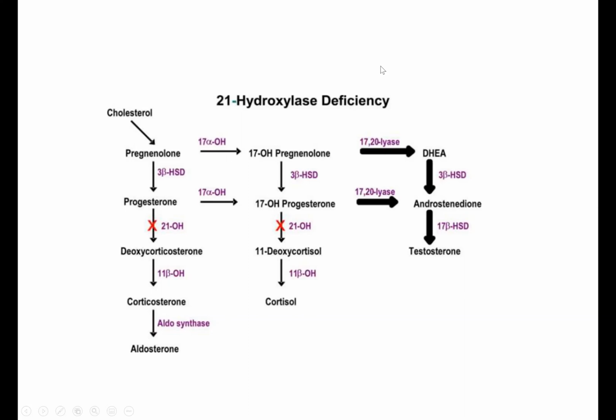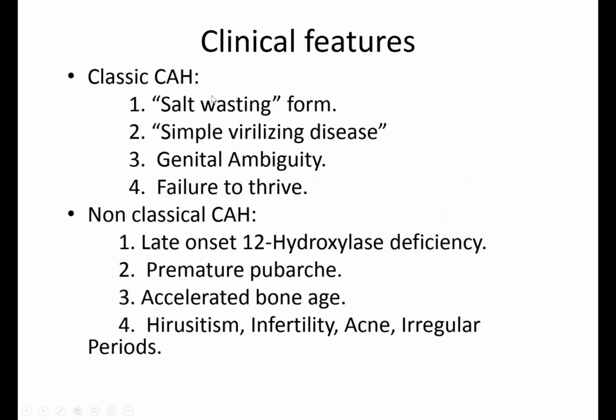In the salt wasting form, that is a classical form, you have deficiency of cortisol and aldosterone, and you have very low levels. That's why it manifests as salt wasting, and cortisol deficiency manifesting as hypoglycemia and poor weight gain. Now, in classical CAH, you also have the simple virilizing type, which also comes under classical.